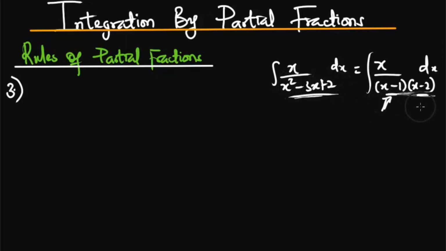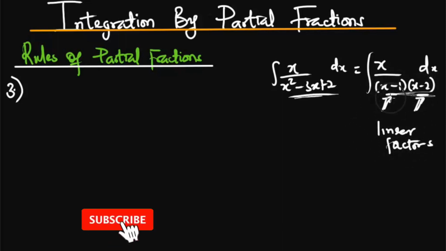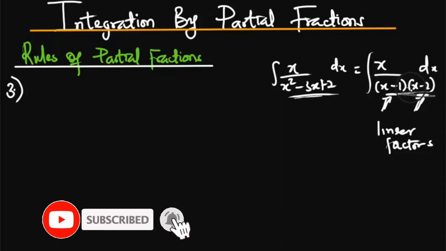x minus 1 is a factor, x minus 2 is another factor, and these factors are called linear factors, alright? And they are linear factors because the degree is 1. The degree of x minus 1 is 1, the degree of x minus 2 is 1, alright?